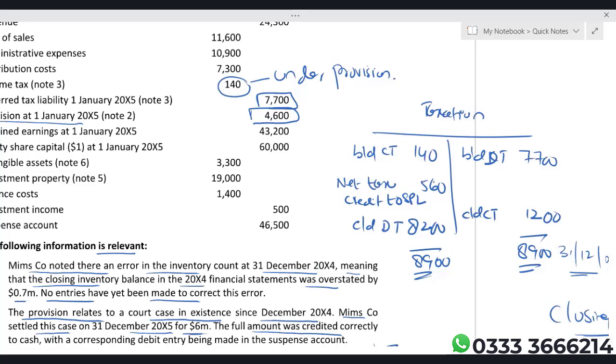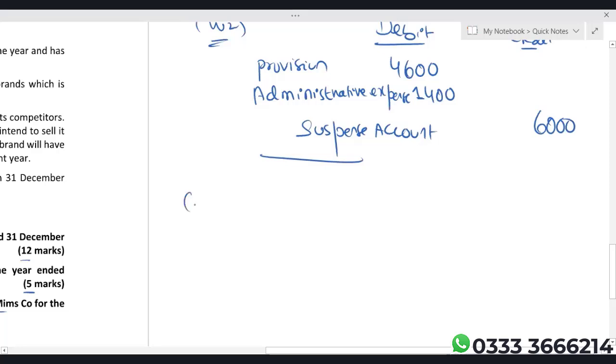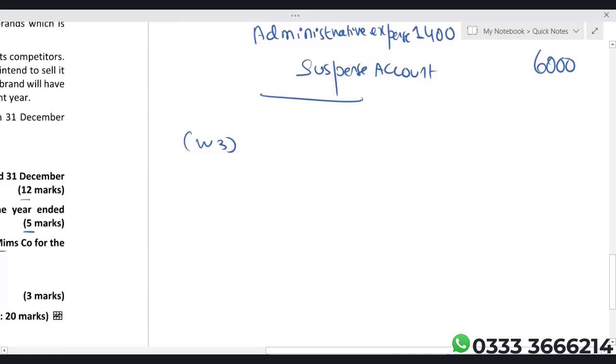So normally, in the taxation T account, the tax charge to the P&L comes on the credit side. But if it is coming on the debit side, then it is a credit. This 560 will be added to your profit before tax. It will not be deducted from your profit before tax. So let me just show this here in a working. Tax expense.